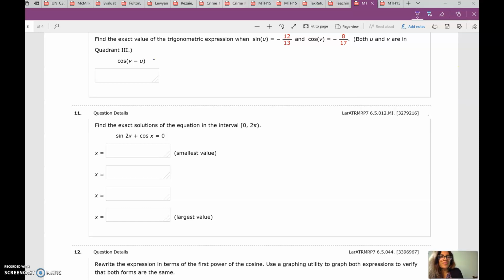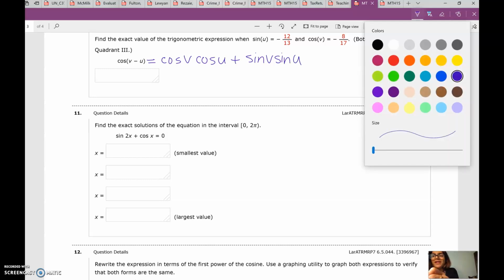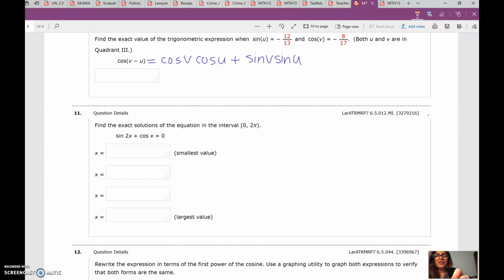And we talked about the cosine of a plus b. A minus b is, or v minus u, is going to be pretty easy to figure out. V sine u.